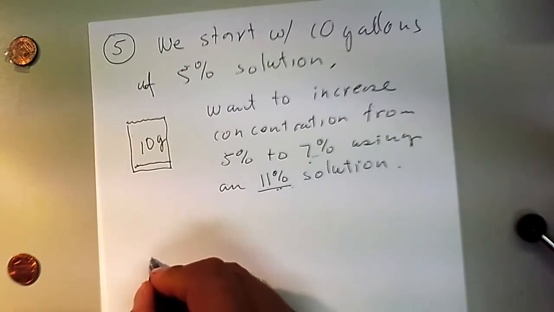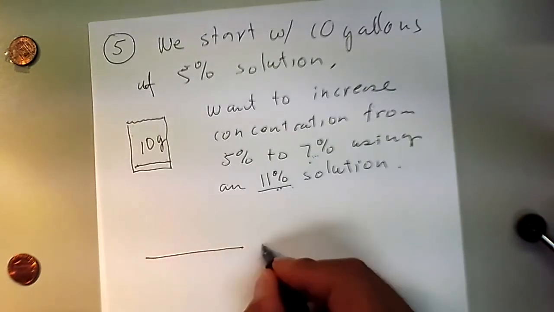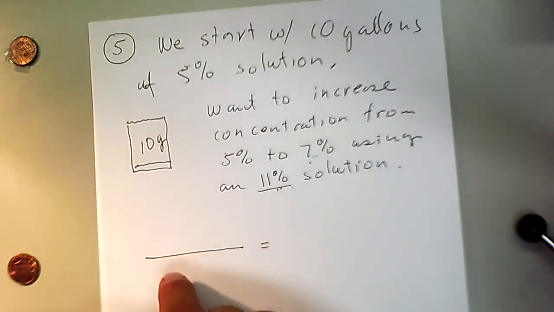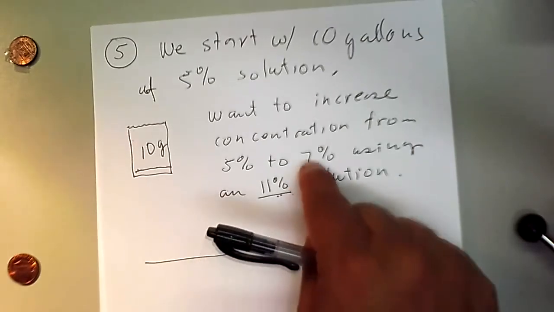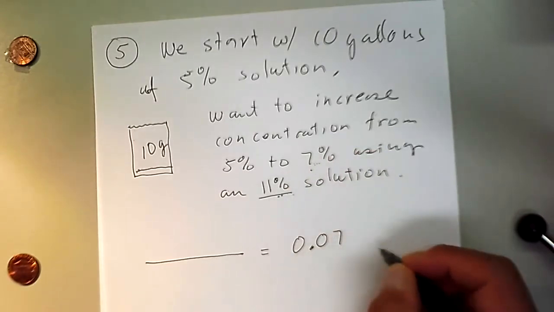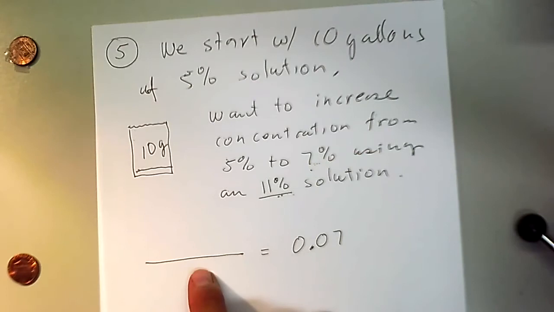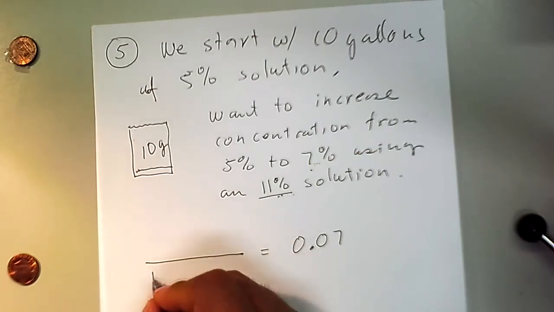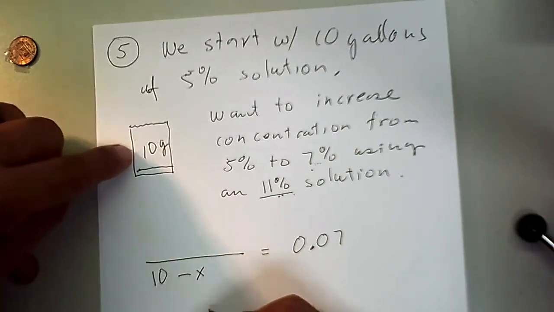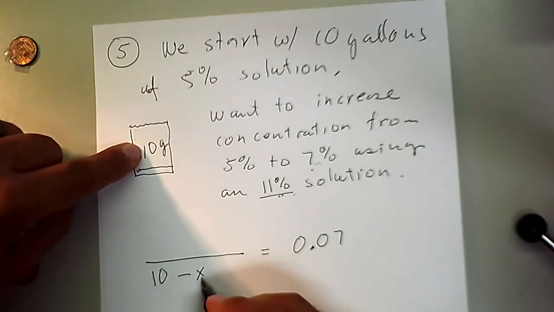All right, so this is the thing. In all of these problems, we have this kind of situation. You know, the pure over the total amount is going to be equal to the desired concentration. So we want a 7% concentration. Now, here's the thing. We have 10. We're going to scoop out an amount of liquid of this 10 gallons that is already mixed of the 5% solution.